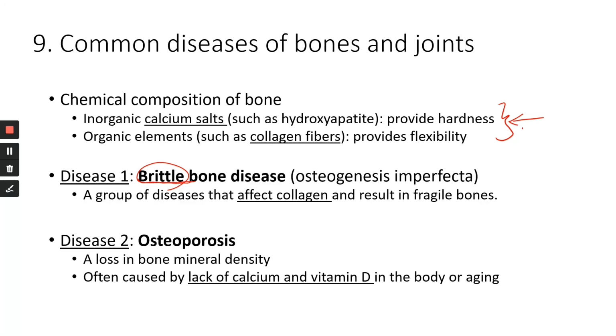Very fragile, very easy to break. This is also called osteogenesis imperfecta. The disease is caused by a lack of collagen in the bone matrix. Without the collagen, you don't have that flexibility, that resilience. So the bone is very brittle, very easy to break.